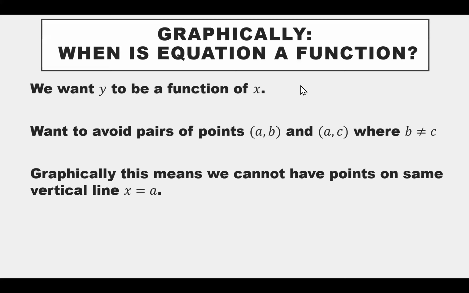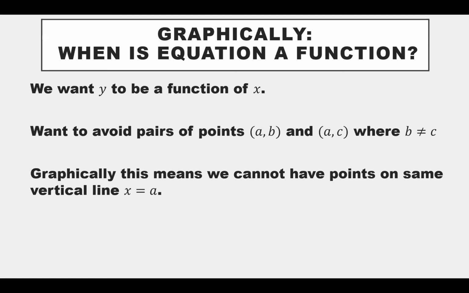Now, doing that algebraically can take some time and can take some effort. We can do a very similar thing graphically as well. We can determine when an equation is a function using the graph of that equation. We want to see if y is a function of x.